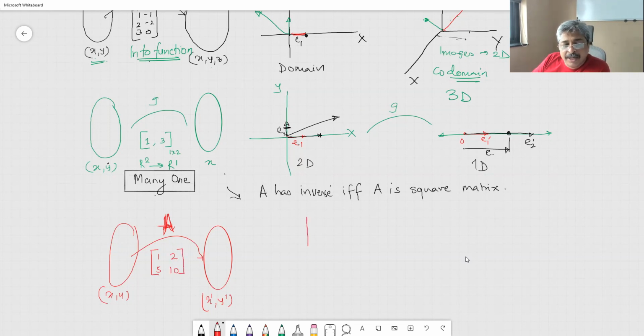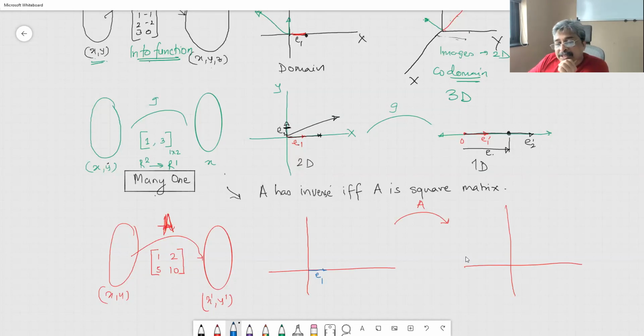What does it mean? You have the XY system here, you have the XY system here, you want A to get operated, and it is said that your E1 vector goes and sits at this place, 1 comma 5, E1 dash, and your second vector E2 goes and sits at 2 comma 10, right?